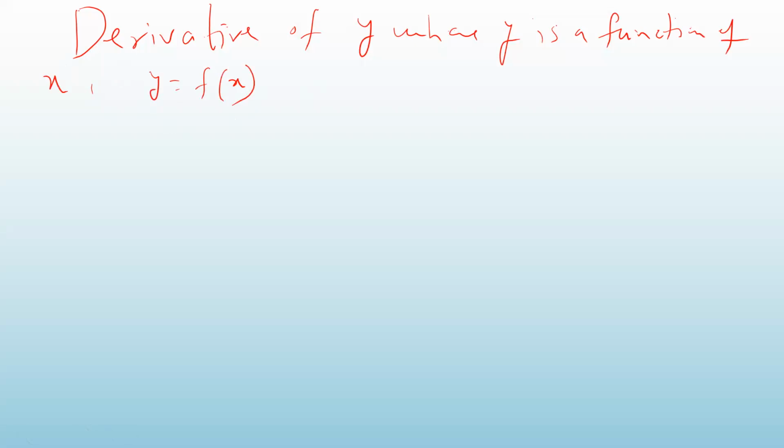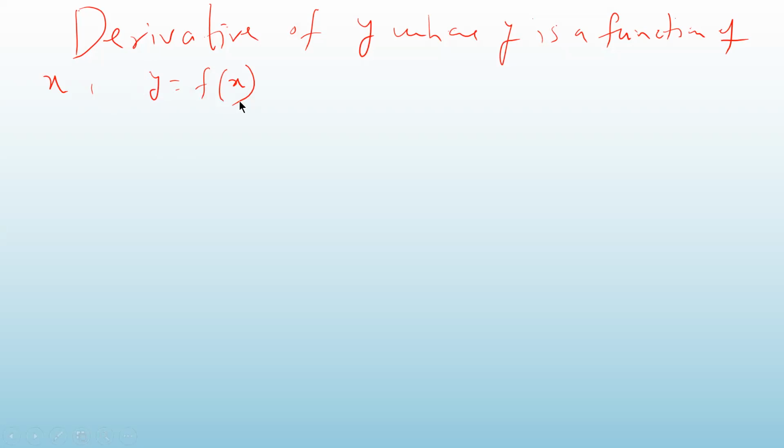So when the price changes, demand also changes. So we would like to see at what rate the demand is changing. So we are interested in finding the rate of change in demand with respect to change in price. Or in this example, in a general way, when y is a function of x, we would like to find out at what rate the value of y is changing with respect to a change in the value of x.